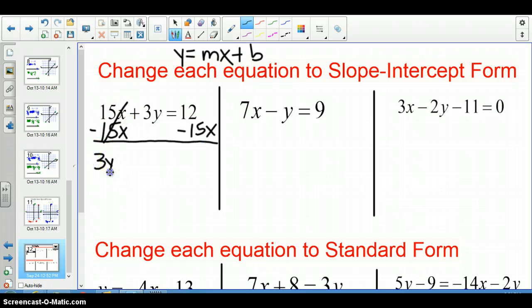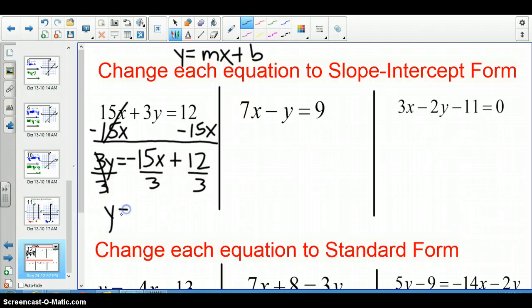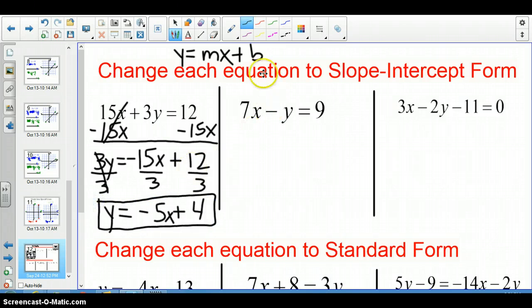So I have 3y equals negative 15x plus 12. Now the y is not completely by itself, so I have to divide it by that number in front of the y, and I divide both sides. I divide everything. So y equals negative 5x plus 4, because negative 15 divided by 3 is negative 5.